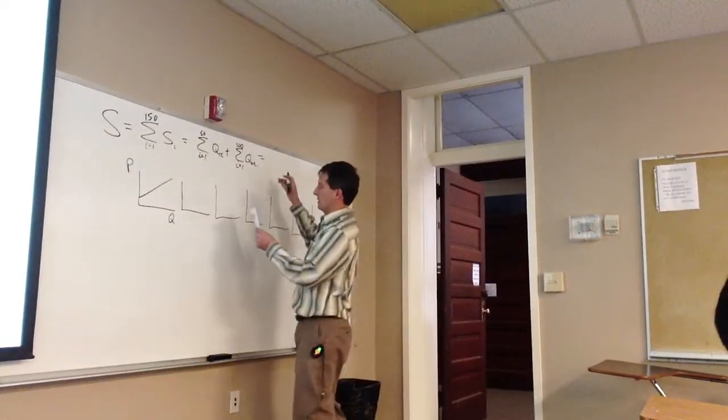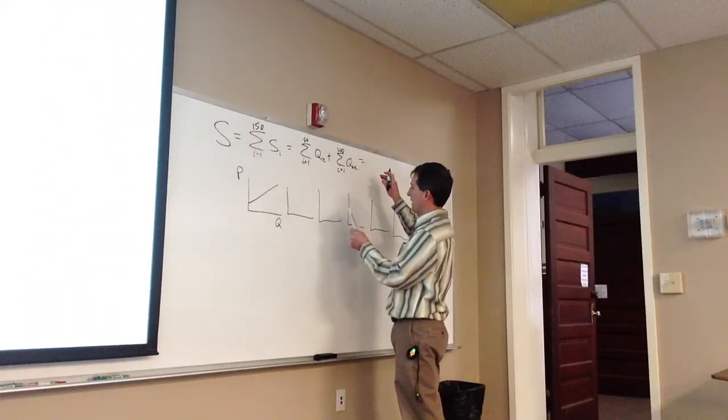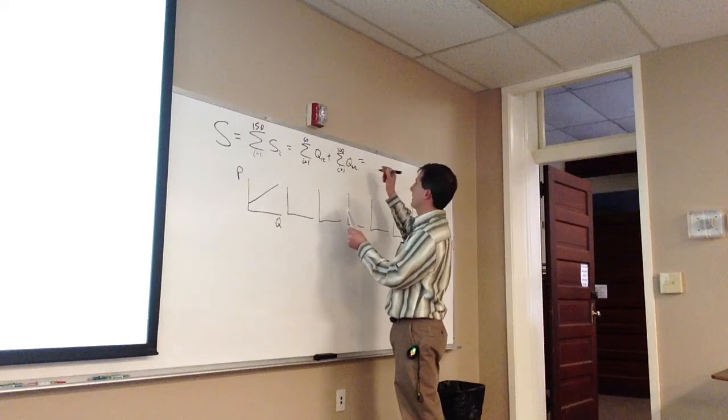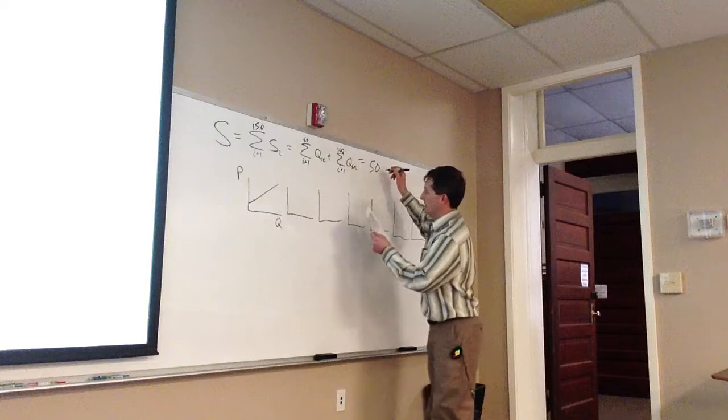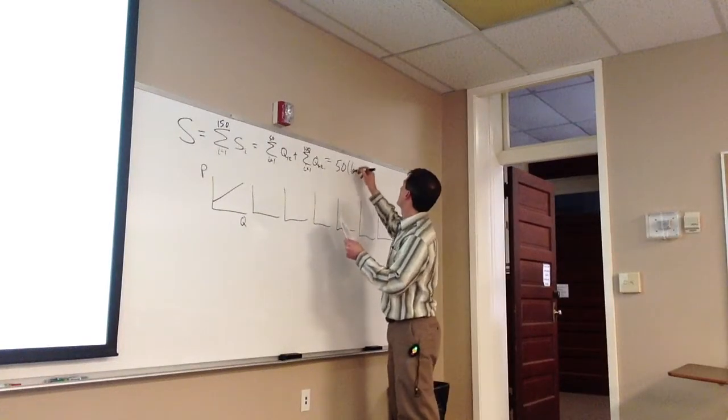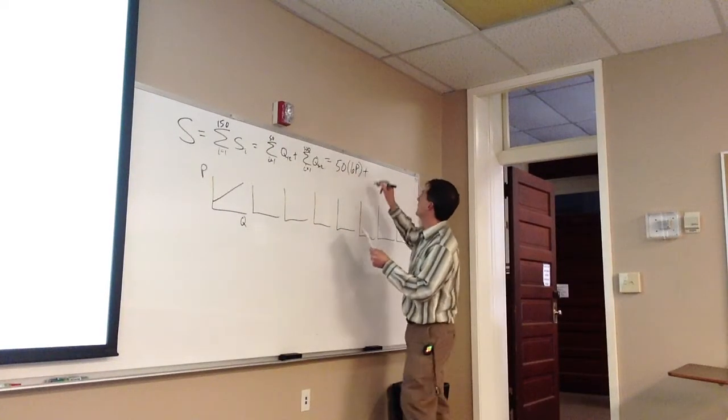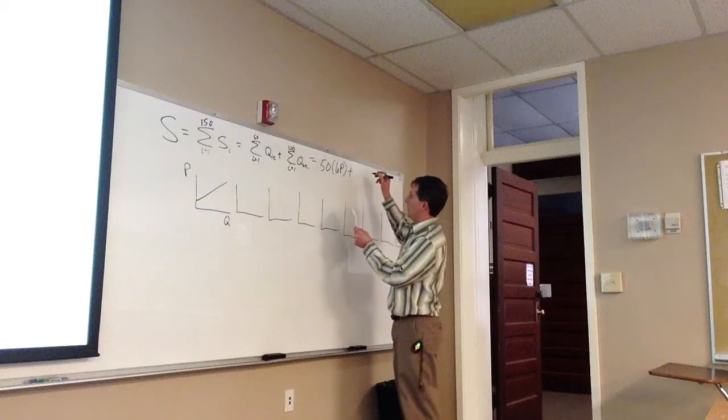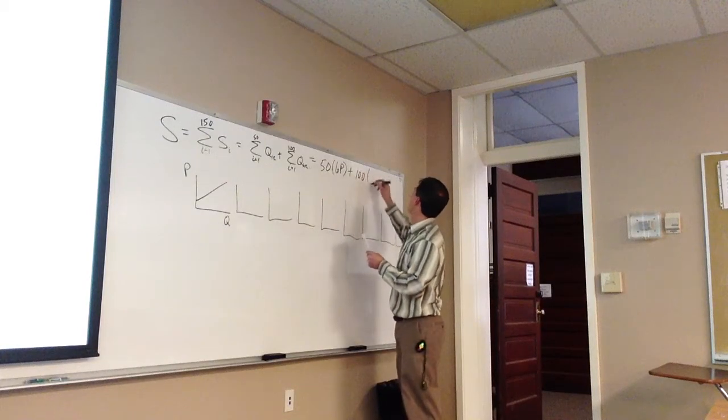Okay, you should be getting 700p. So, to follow my order here, 50 times 6p plus 100 times 4p.